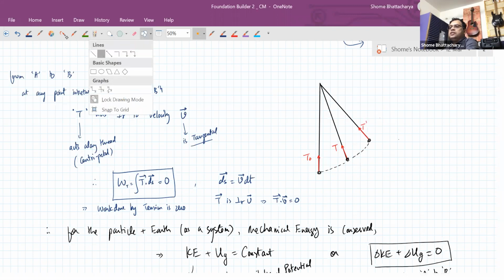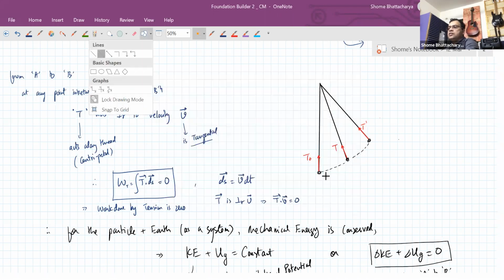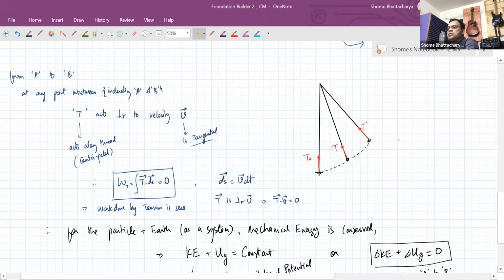Whereas the velocity vector and therefore the differential displacement vector, how will it be? Here it will be like this. It's along the tangent. So it will be like this. Now from here it will be like this.